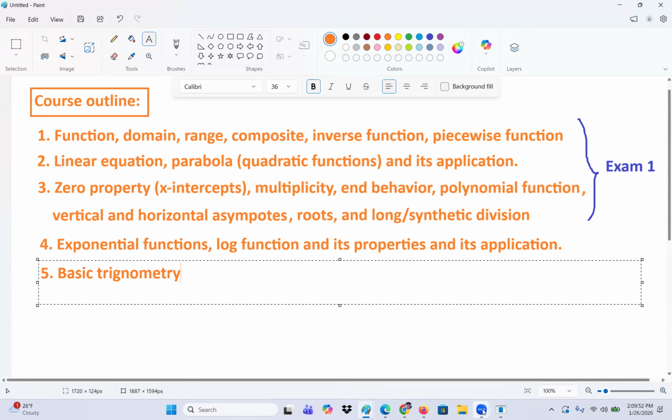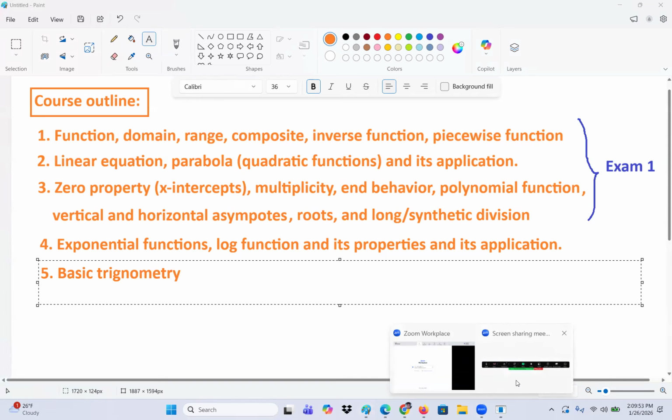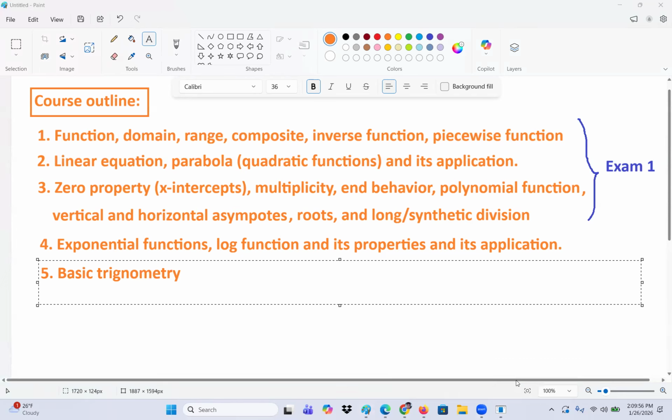Okay, just hold on a second. So let's say basic trigonometry, tangent, sine, cosine, all of this.